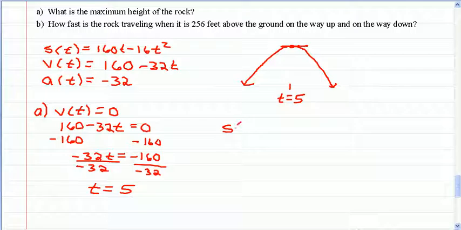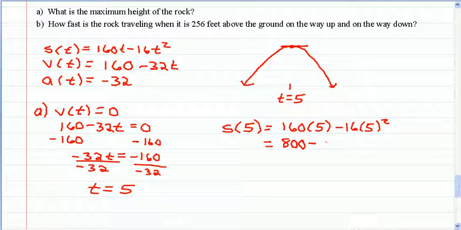So once I have t equals 5, I now find the value of s of 5 by substituting 5 in for t in the position function. So the maximum height is 400 feet.